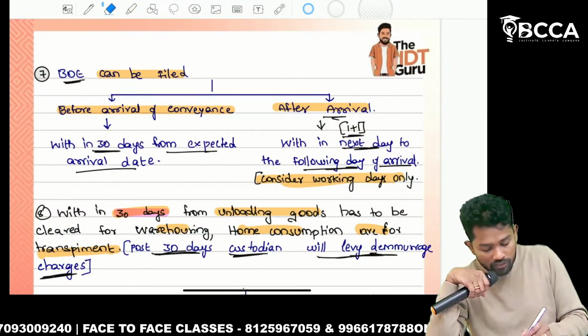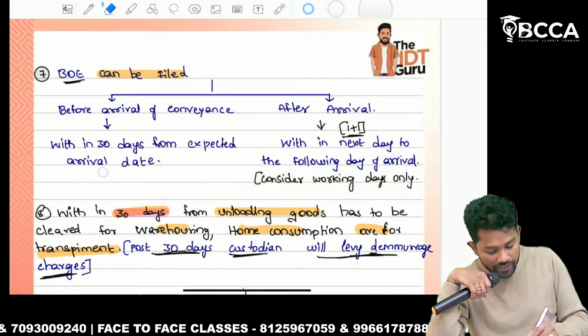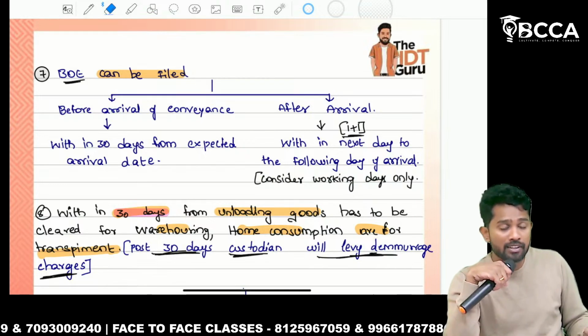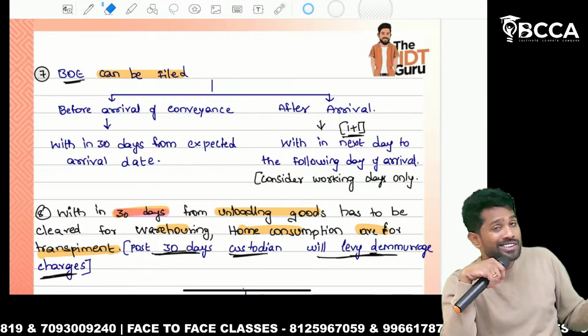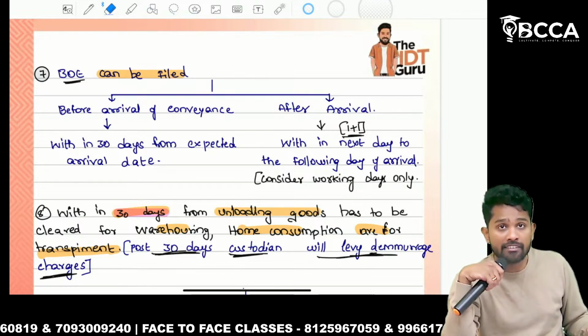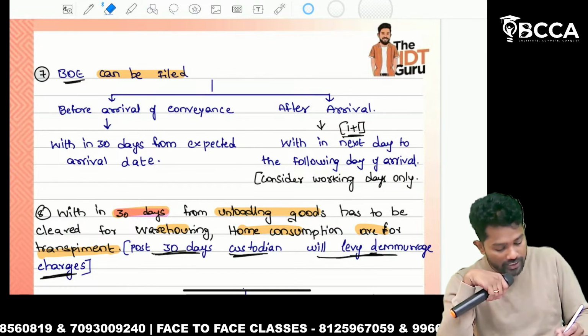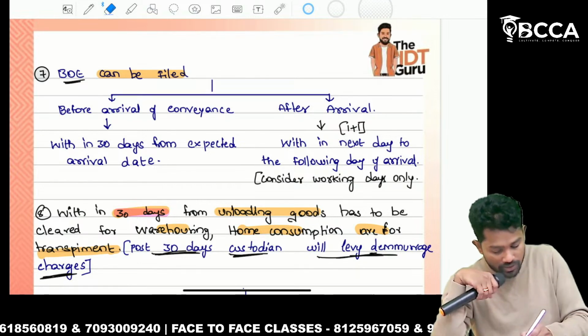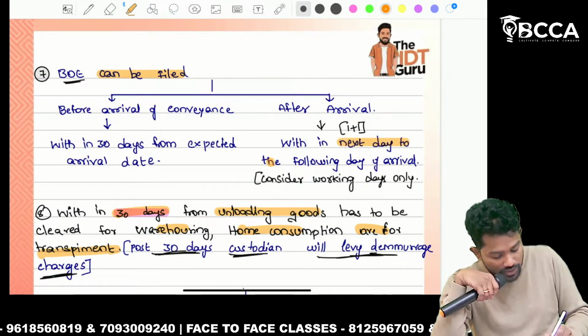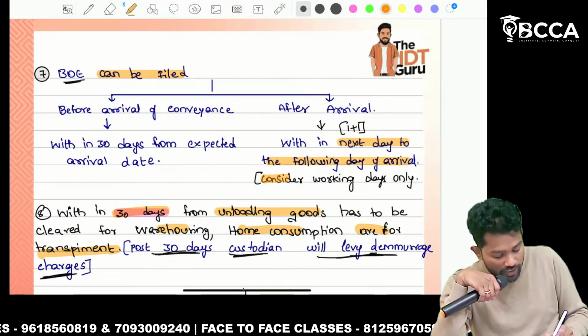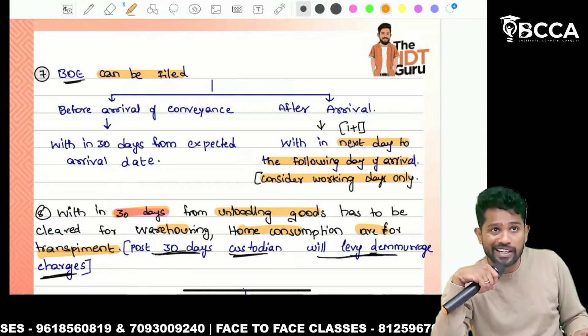It can be filed before arrival, within 30 days from the expected arrival date, or after arrival, within the next day to the following day of arrival, considering only working days.